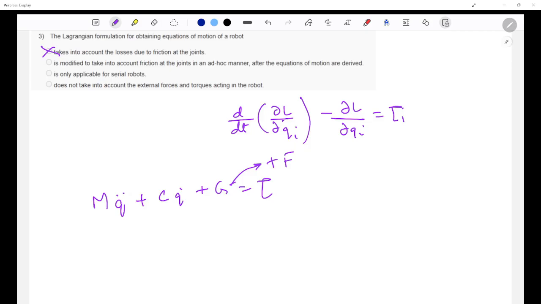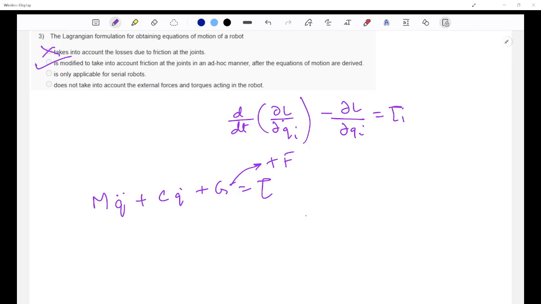So friction can be modeled as viscous friction and Coulomb friction, both of them. These are added artificially from outside, and that is the reason why it has been called an ad hoc modification.